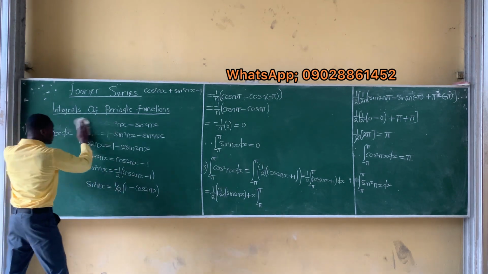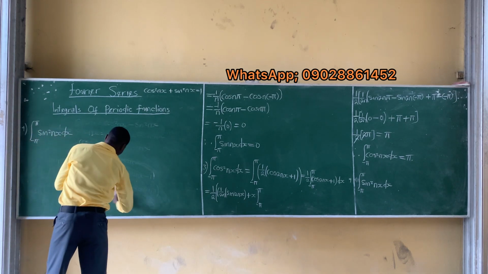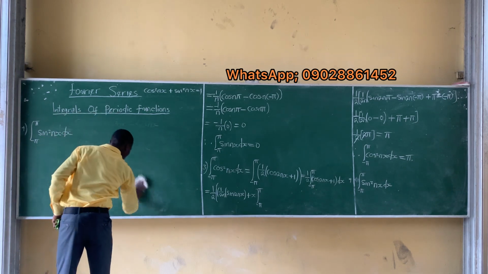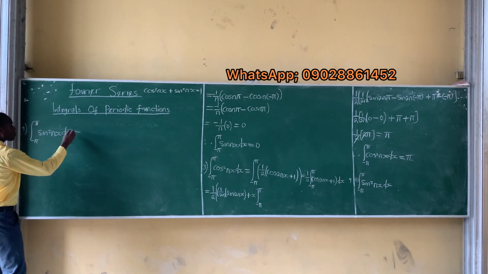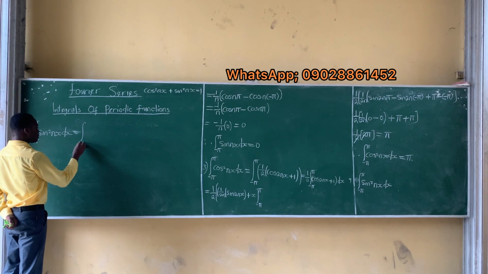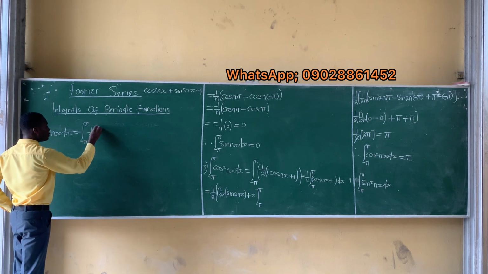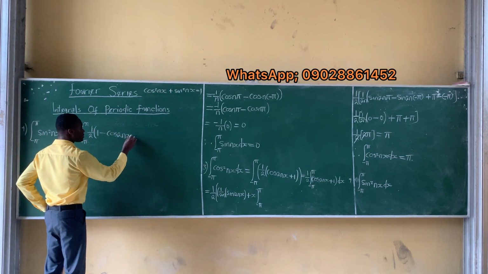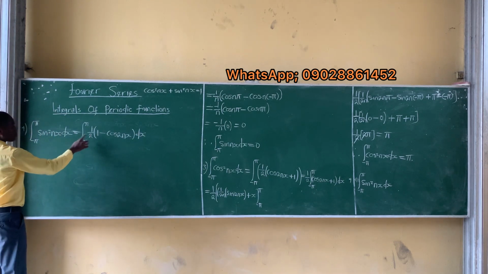All right, so I'll be cleaning this part. So this implies that in place of sine square nx, we are going to integrate from minus pi to pi of 1 over 2 into 1 minus cos 2nx dx. So this is what we have. And of course, 1 over 2 is a constant.